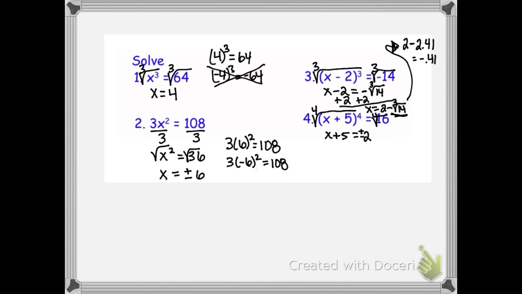And then to isolate the x, we will subtract to cancel the plus 5. We end up getting negative 5 plus or minus 2, which means negative 5 plus 2, or negative 3, is one answer. And negative 5 minus 2, or negative 7, is our second answer.